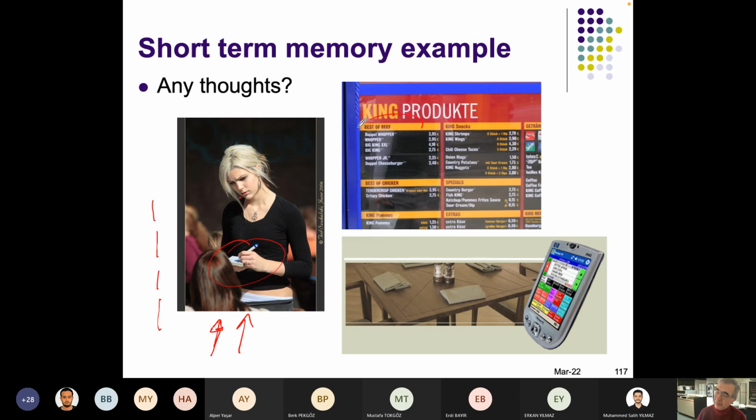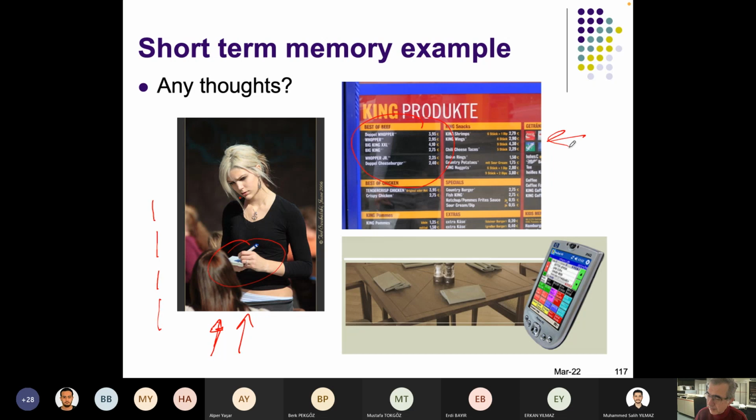In the menu, in the fast food, therefore, things are grouped. As you go through the fast food restaurant, you check the menu on the board and you observe menus one by one.